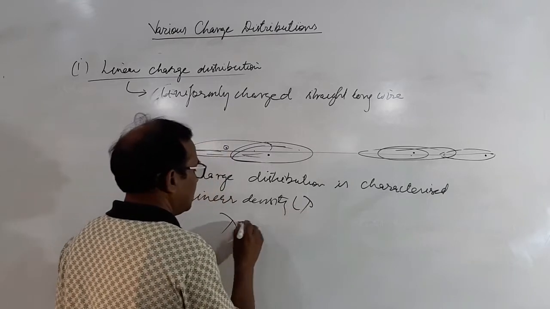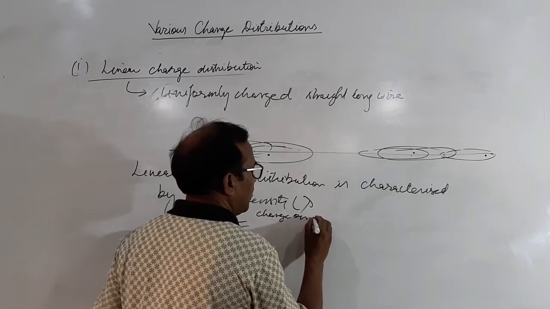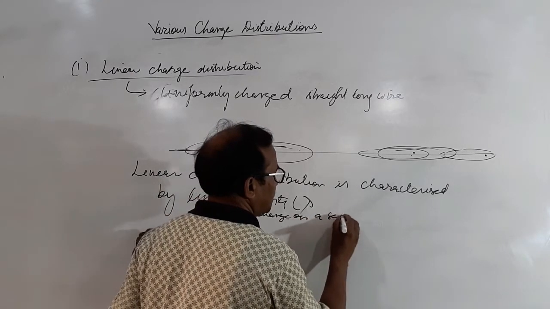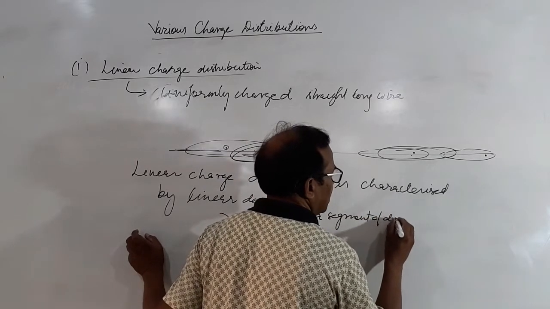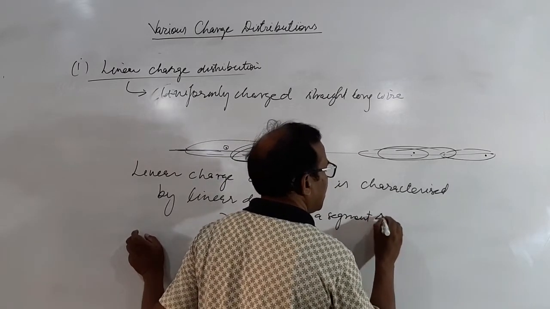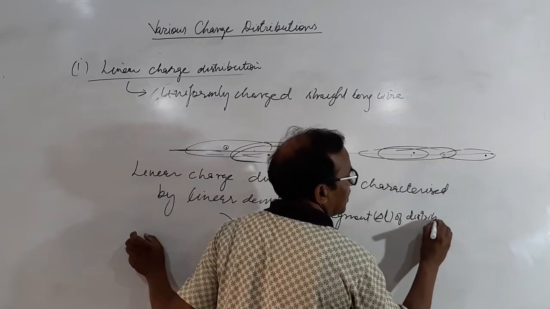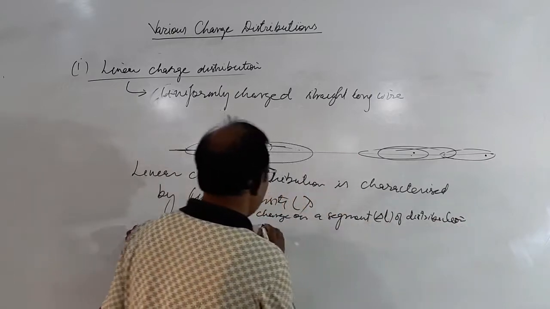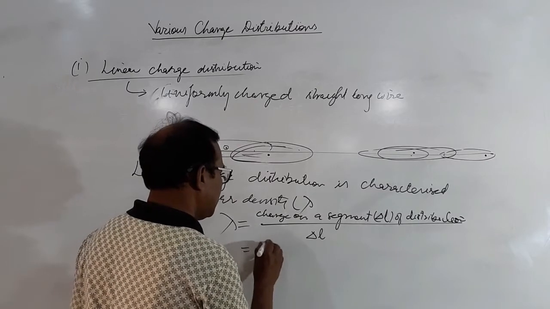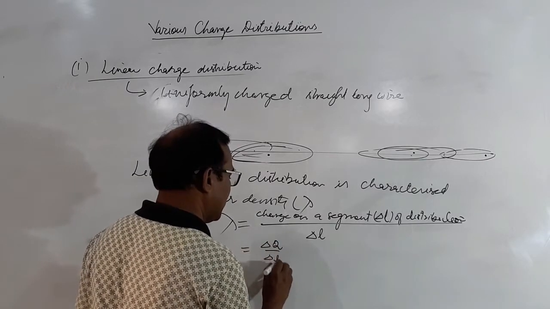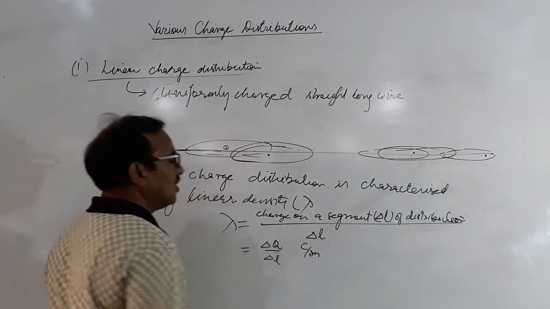It is the total charge on a segment delta L of the distribution divided by delta L, so lambda equals delta Q upon delta L. Its unit is coulomb per meter.